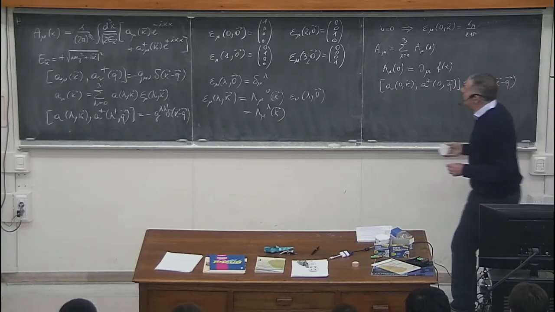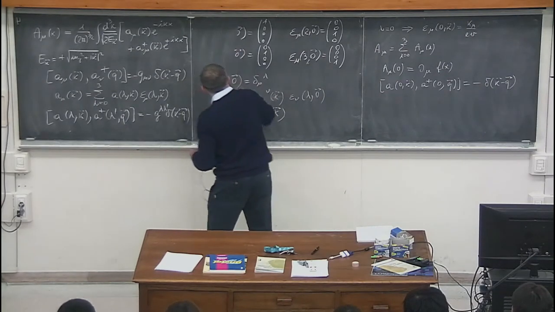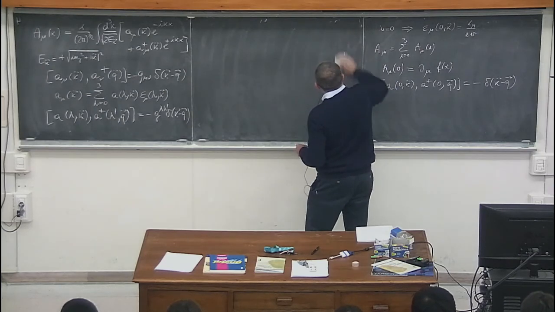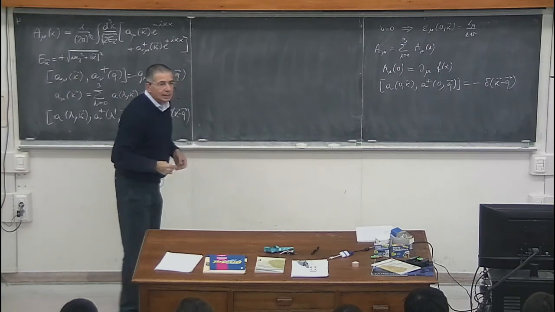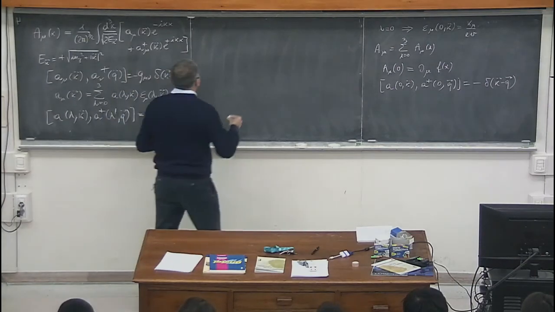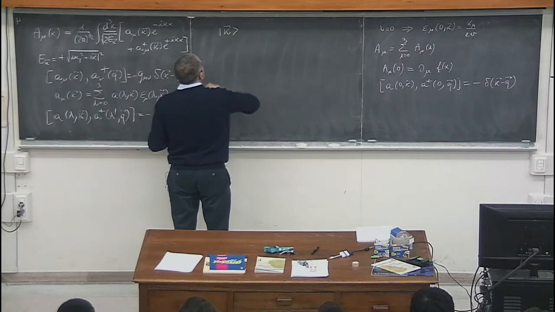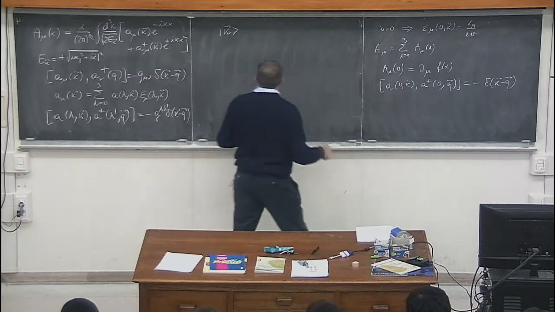This is pretty easy to show because, well, of course I have to form wave packets because single particle states are plane waves, they are not normalizable. So let me define a state with momentum k built out of the polarization lambda equal to 0 like this.